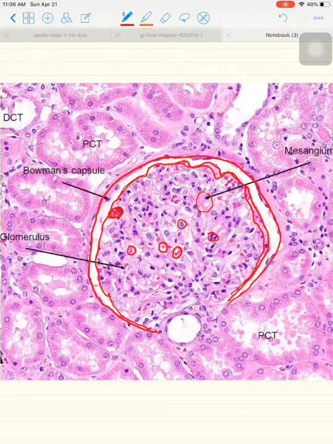The mesangial cells have the function of producing collagen fibers, and sometimes they act as macrophages in inflammatory processes. The content of the mesangium is very essential, because it regulates the glomerular filtration rate.